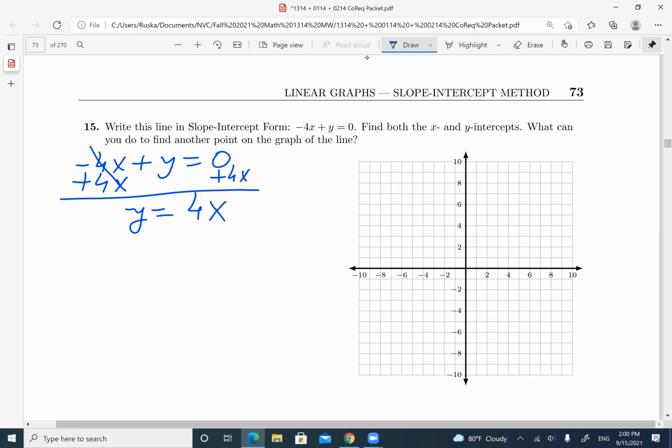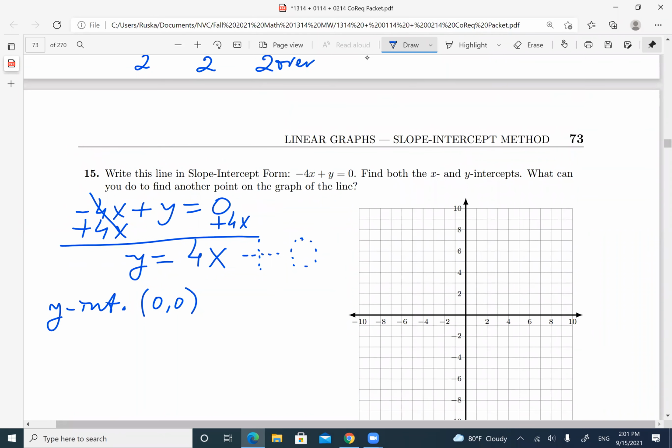What does that mean? What is the y-intercept? Zero? Yes, because here you can just think about this invisible plus 0, right? You can have plus 0. So the y-intercept is 0, 0. You're crossing the y-axis at the origin, which is okay. It happens. And then what is the slope?